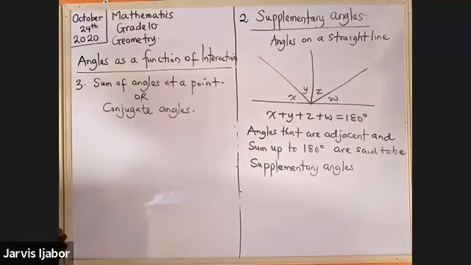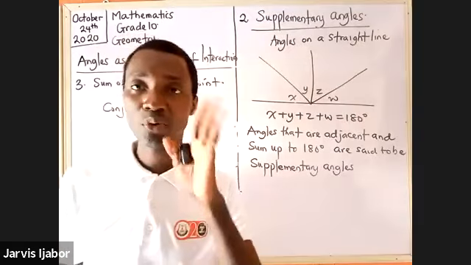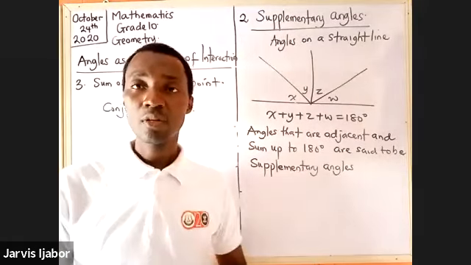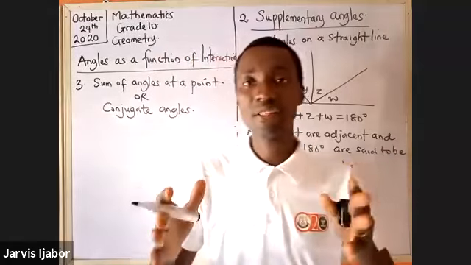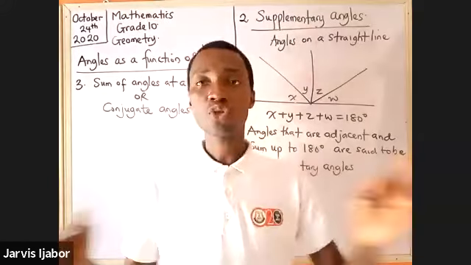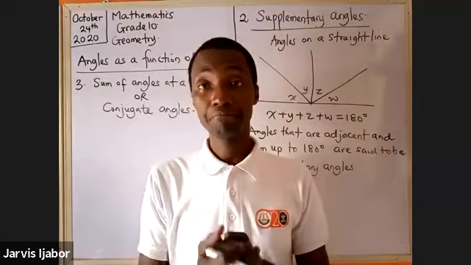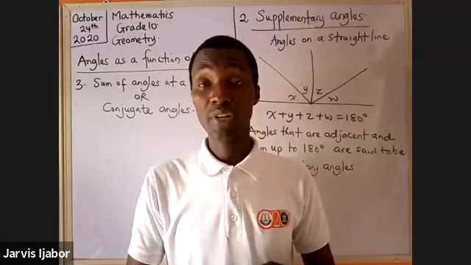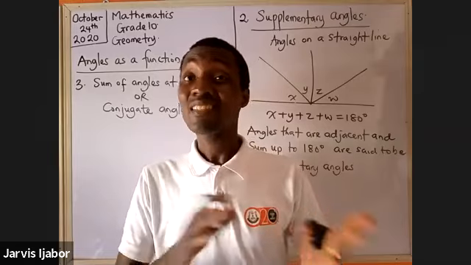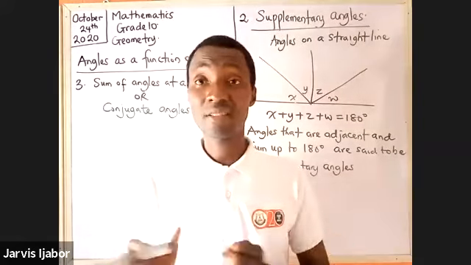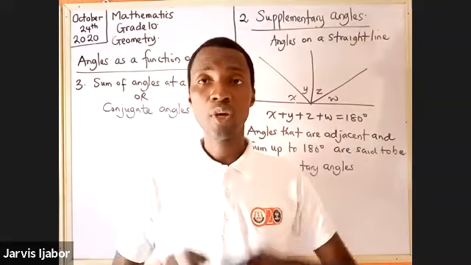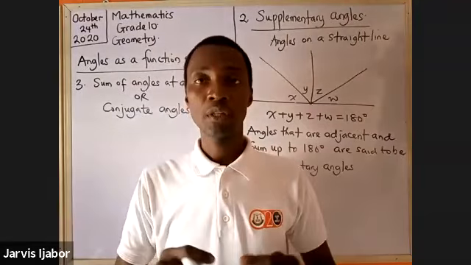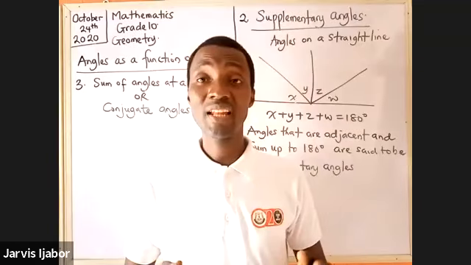Now, the concept of conjugate angles is angles that sum up to 360 degrees. Some textbooks will restrict the narrative to say two angles summing up to 360 degrees. If I made that mistake earlier, it's 360 degrees for conjugate angles.